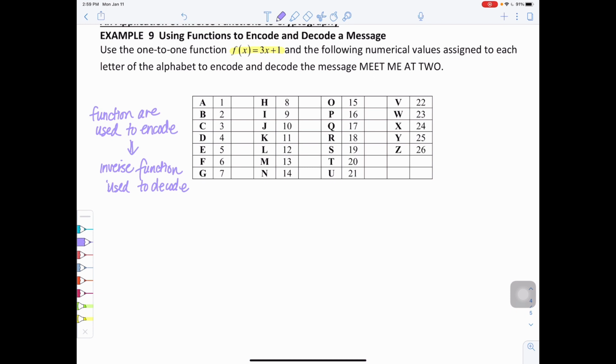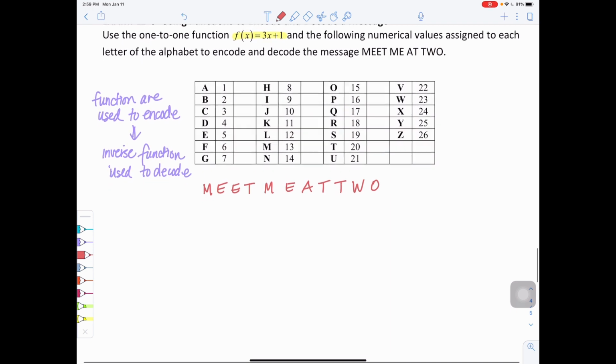So let's begin. I first want to write that message out a little bit larger. And then we will come up with how this would be encoded. So let's take a look here.